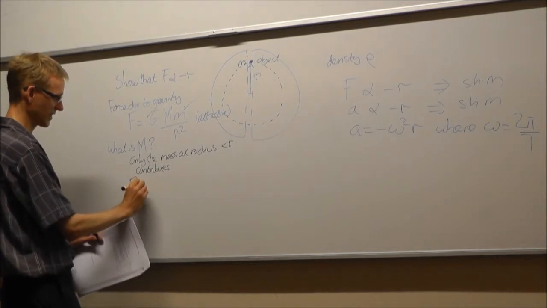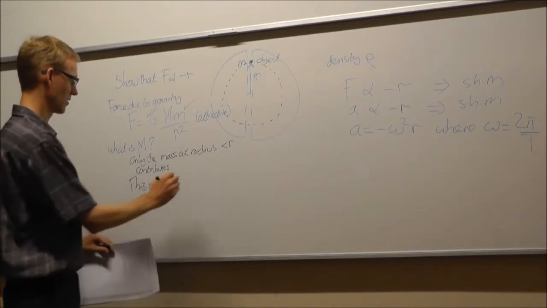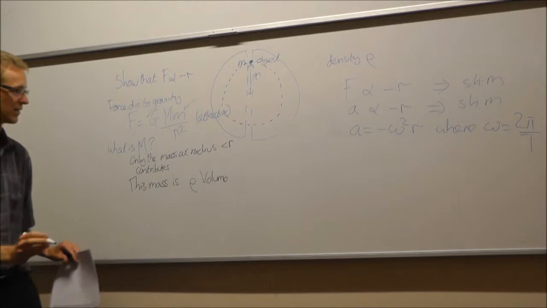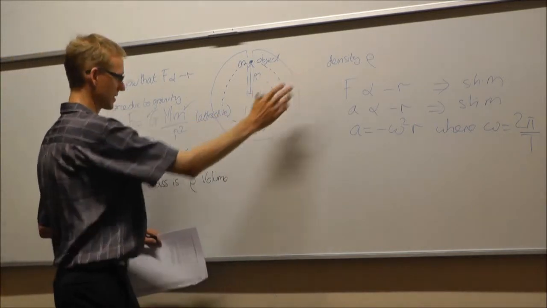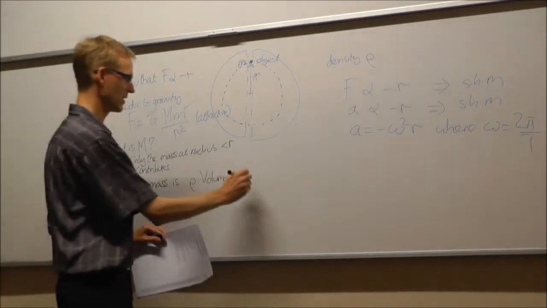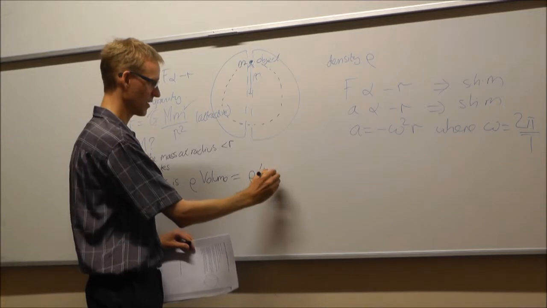So this mass is, well, it's rho times volume, density times volume. Given the density, we can just call that rho. The volume is the volume of a sphere, 4/3 pi r cubed.